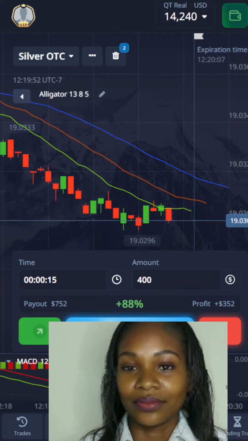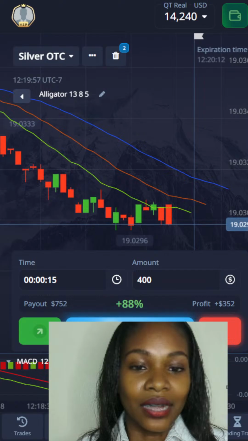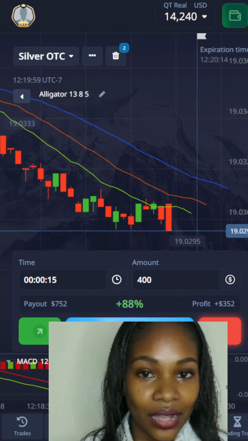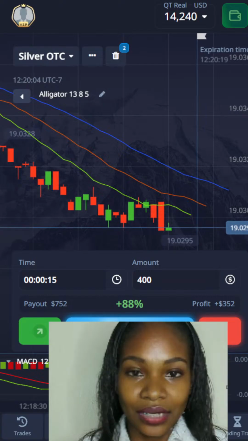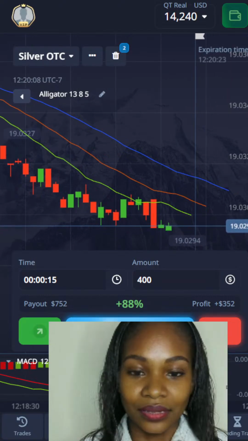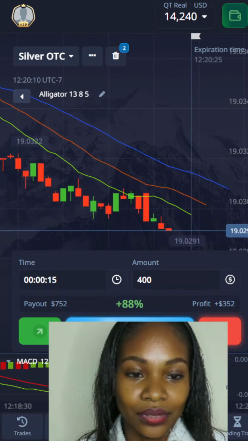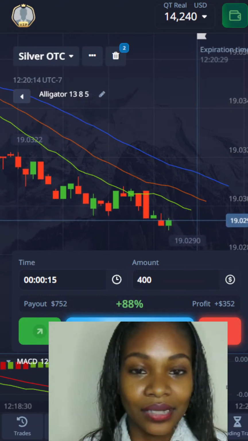Identifying an entry is very good, but if you're going to place a trade and you see that you are some seconds late, let it go. It's okay to let it go because there are very many opportunities that we can catch in the market. Let it go, do not force it.